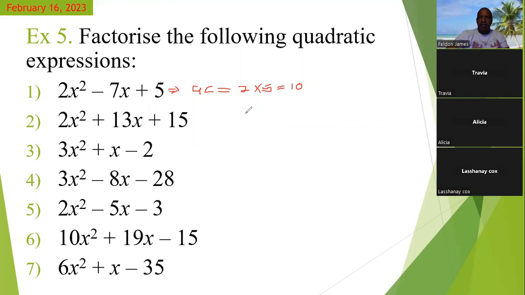Now, from the previous class, I said to you that we can look at these signs to help us to determine the signs of the 2 factors. So we say that if the last term is a positive term, we know that the 2 factors that we are looking for can be either 2 negatives or 2 positive.